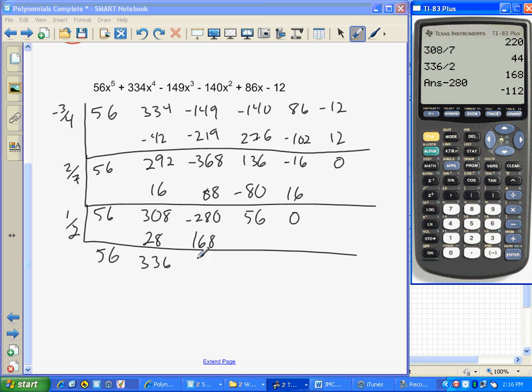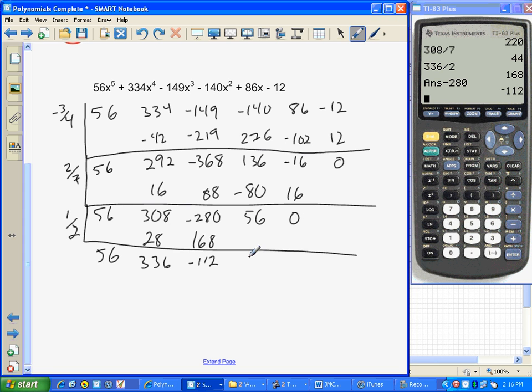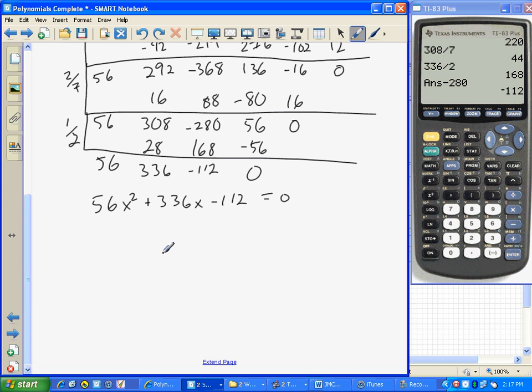It's negative 112. Half of that is 56. Take away 56 and we get 0. Good. So I got 56x squared plus 336x minus 112. If I set this equals 0, I'll get my other two roots.